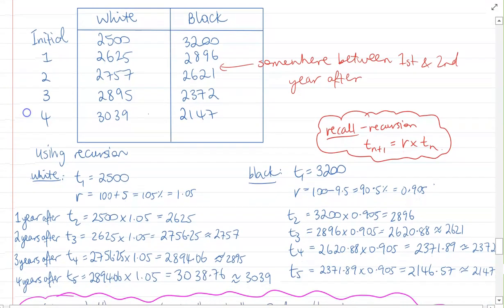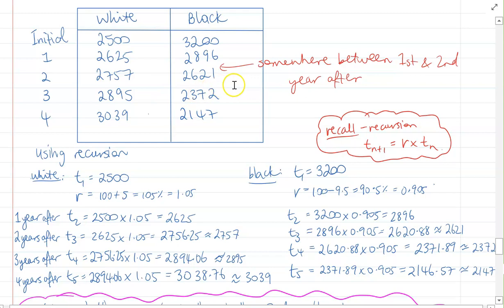So I used recursion to set up models for the white and the black moths. And you can see that I've just worked out the first 4 years for both the white and the black because I noticed they were becoming closer and closer to each other.